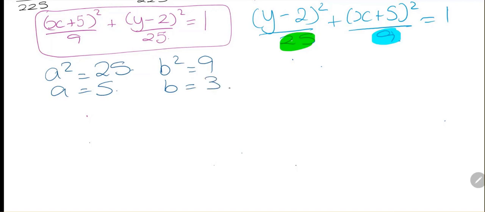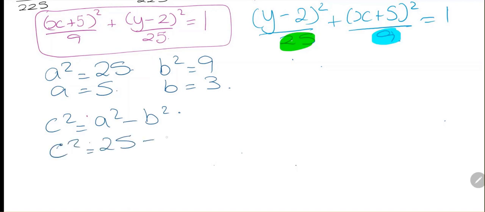Now we also need to find c, so we can do this with c squared is a squared minus b squared. So a squared 25 minus 9. C squared is 16, so c is 4. So we've got the information.